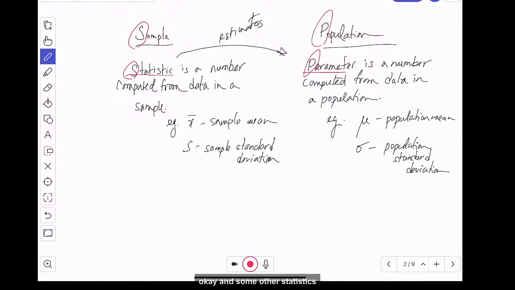And there are some other statistics I'll discuss, although in finance, at least in this course, we focus on the mean and standard deviation, so those are mostly it. But you also know the alternative to the mean is the median, or I'll call it the sample median.